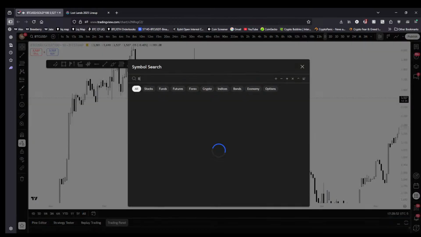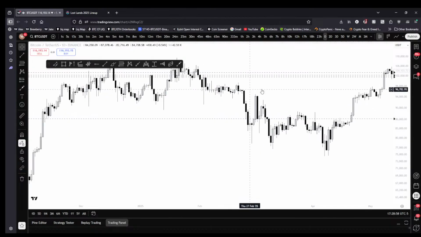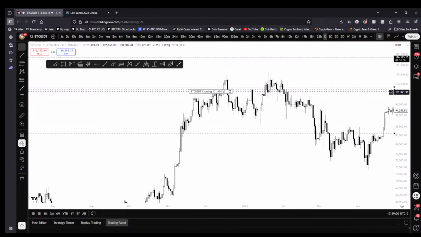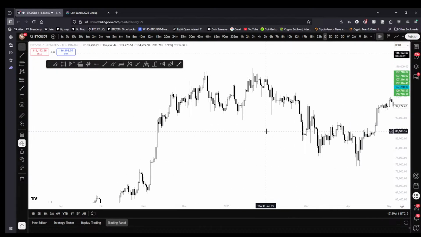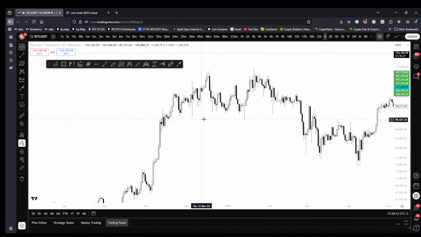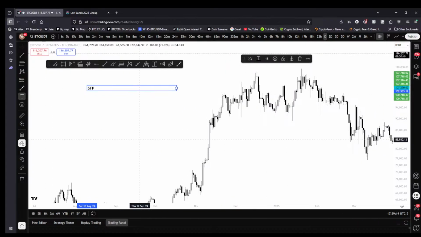All right. Let's talk about SFPs. So, an SFP is a swing failure pattern.